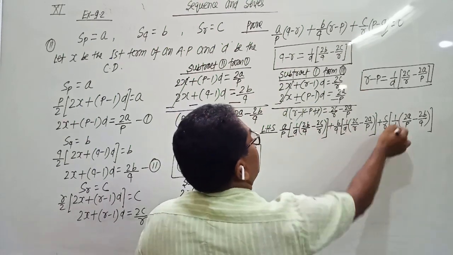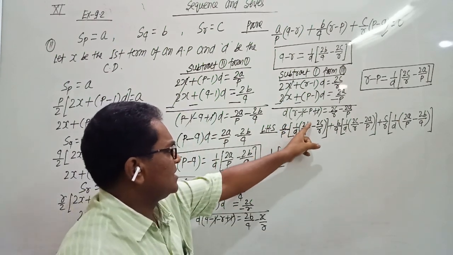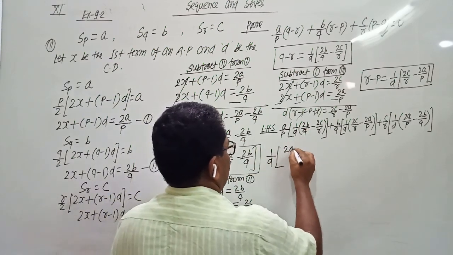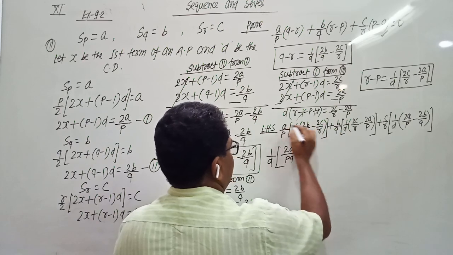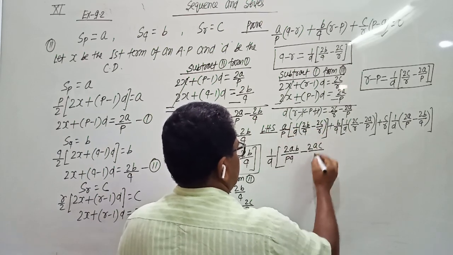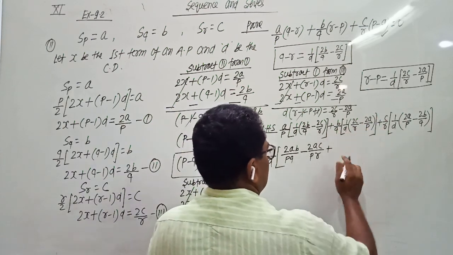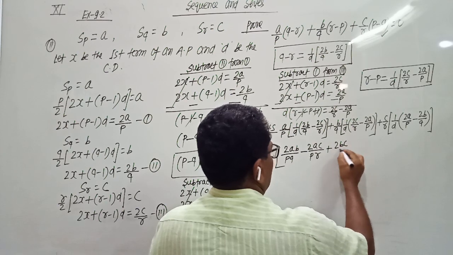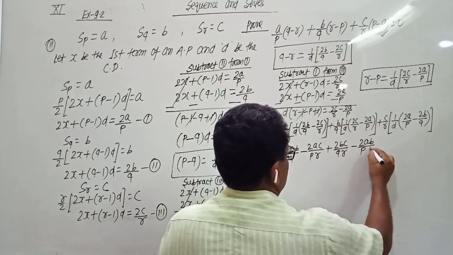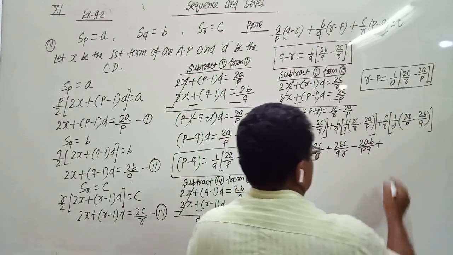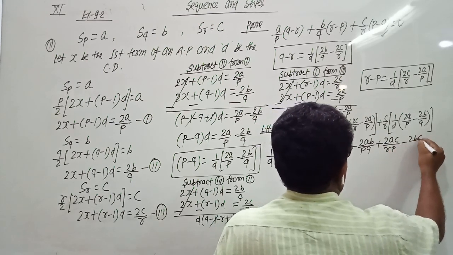A/p multiplied by 2B/q gives 2AB/pq, minus 2AC/pr. Plus, with 1/d taken common, B/q multiplied by both the terms gives 2BC/qr minus 2AB/pq. Plus C/r multiplied by both the terms gives 2AC/rp minus 2BC/rq.